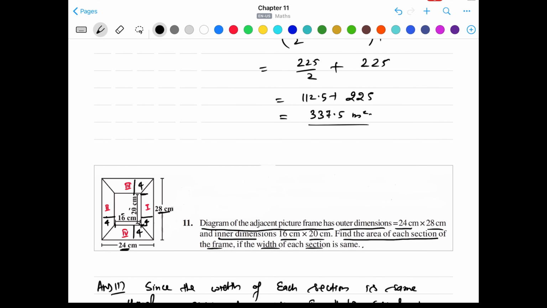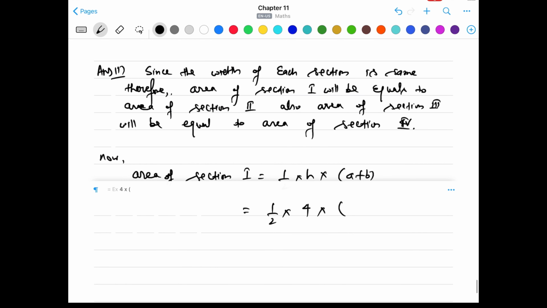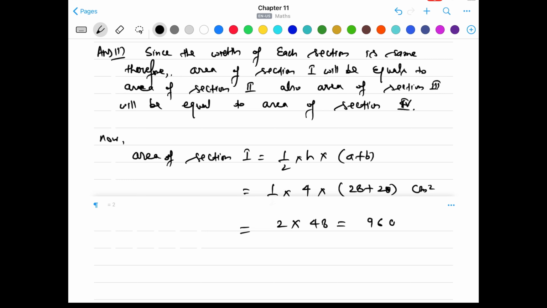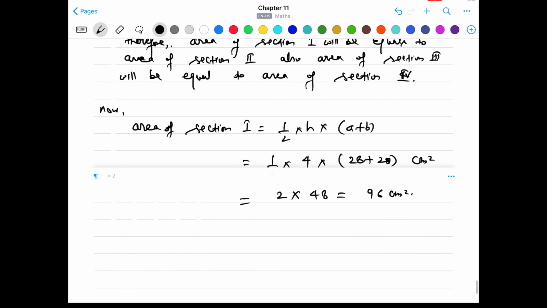A plus b for section 1: a is 28 and b is 20, so it is 28 plus 20 centimeter square. This 4 divided by 2 gives us 2, and 28 plus 20 gives us 48. Multiplying by 2, you will get 96 centimeter square. That will also be the area of section 2.